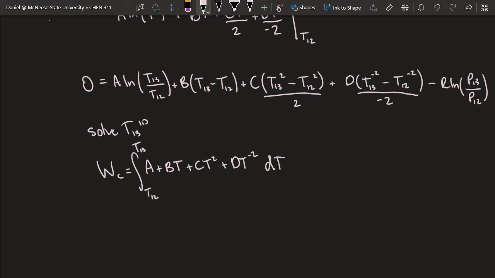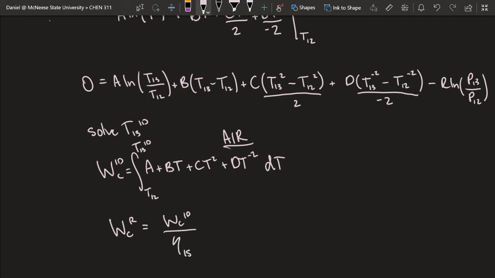So you plug in your T13 ideal to find the work of the compressor ideal, and then once you take that integral, do all that stuff, in this case, very specifically, this is for air. I'm just going to remind you again, it's for air. You find the work of the compressor real by taking the work of the compressor ideal and dividing it by its isentropic efficiency.